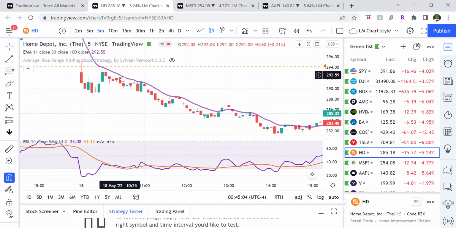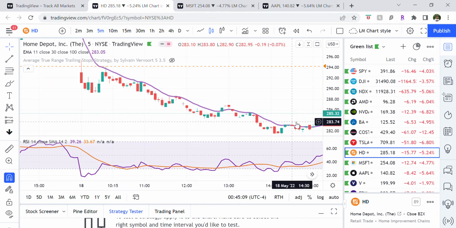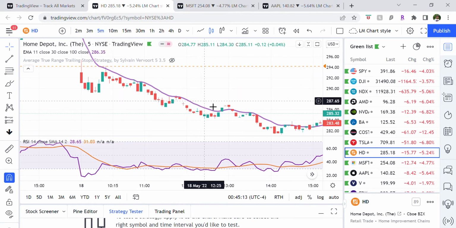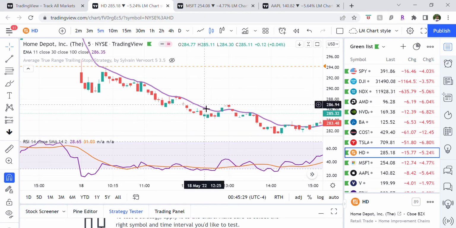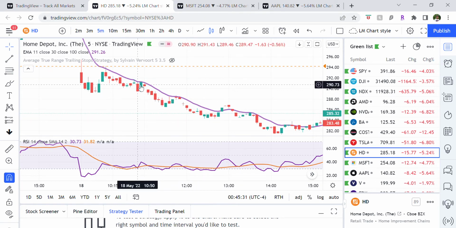If you clearly observe in this 5-minute chart why I'm choosing this 5-minute and why I'm choosing this EMA 10, you see very clearly that on every small bounce or intermediate bounce, it touches this line, or maybe crosses a little bit higher than that, and then again it follows the regular trend the stock is having.